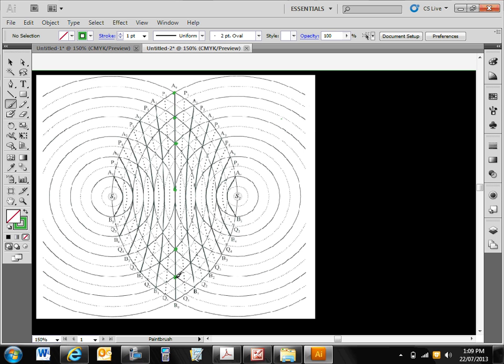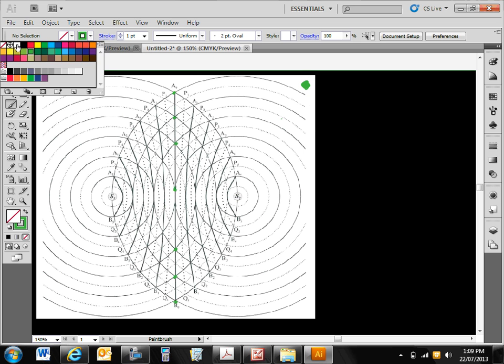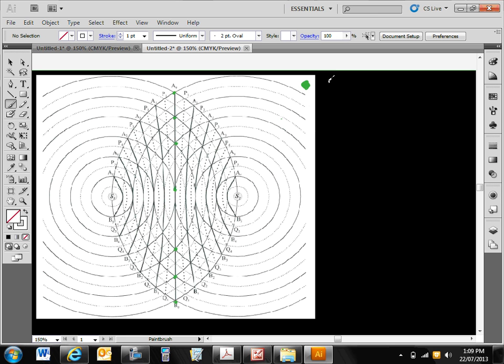Constructive interference, isn't it? Because what we're seeing is the points at which two crests meet each other. Okay, so I'll mark these as constructive interference.